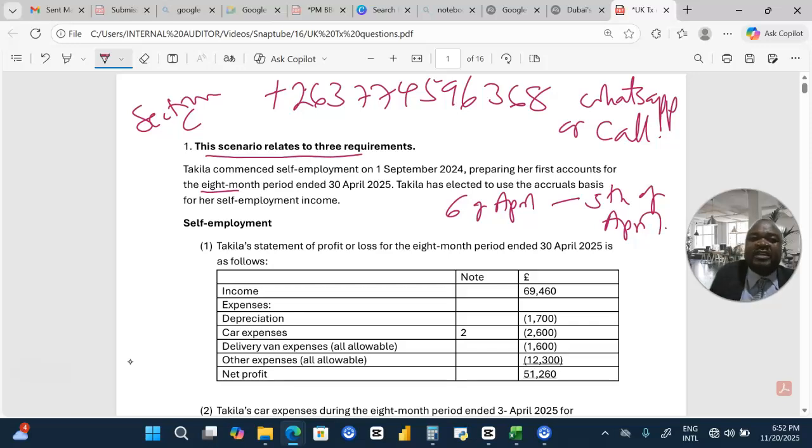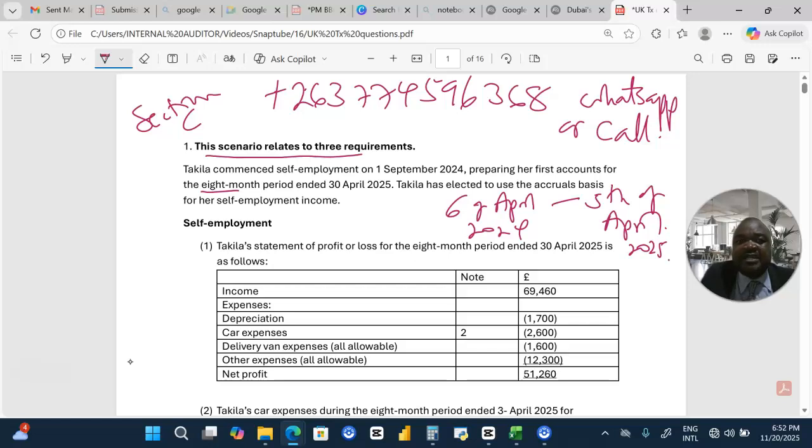So for the 2024-2025 tax year, the year started on the 6th of April 2024 and ended on the 5th of April 2025. This means that the 8-month period falls within 2 tax years, or 2 fiscal years.